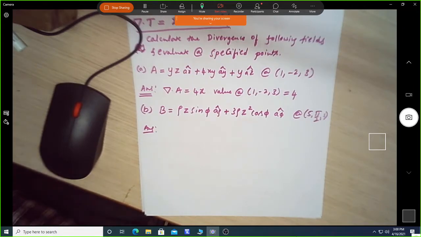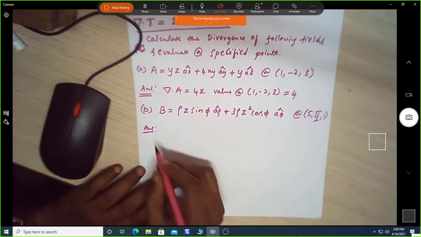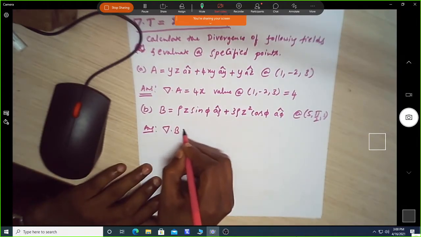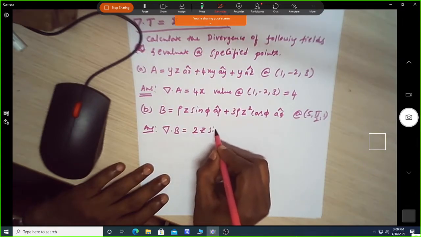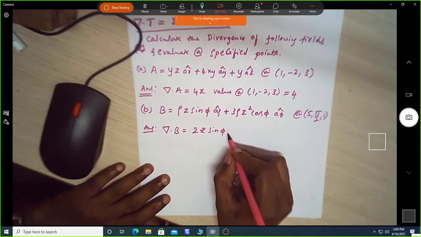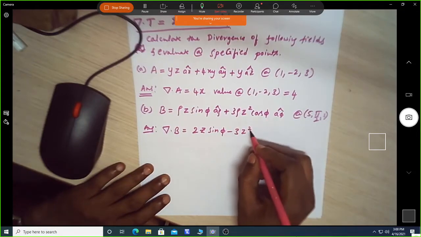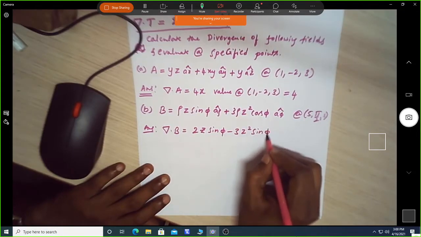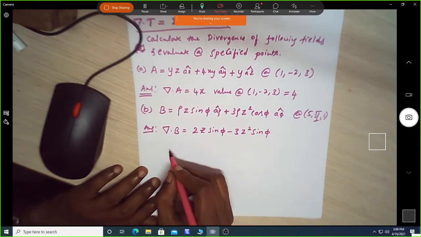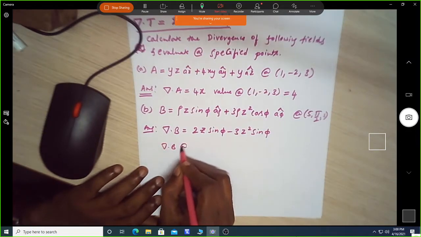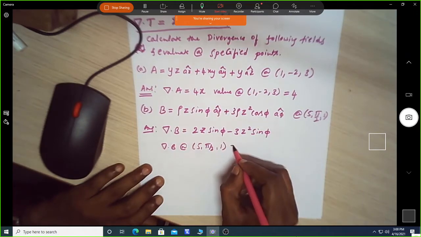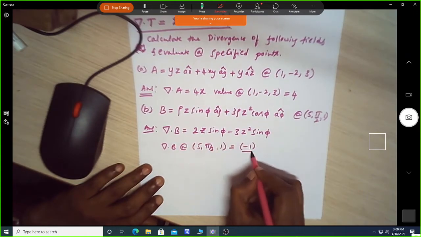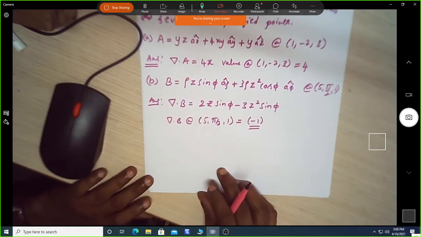I will give the answers: del dot B is equal to 2z sin phi minus 3z square sin phi. Now del dot B at the point 5 comma pi by 2 comma 1 is equal to minus 1. Okay, so this is the answer.